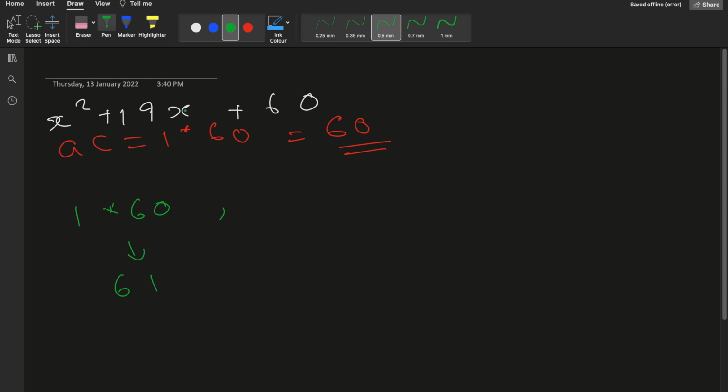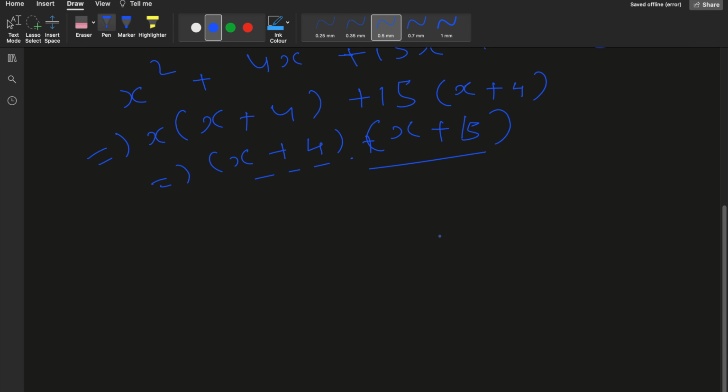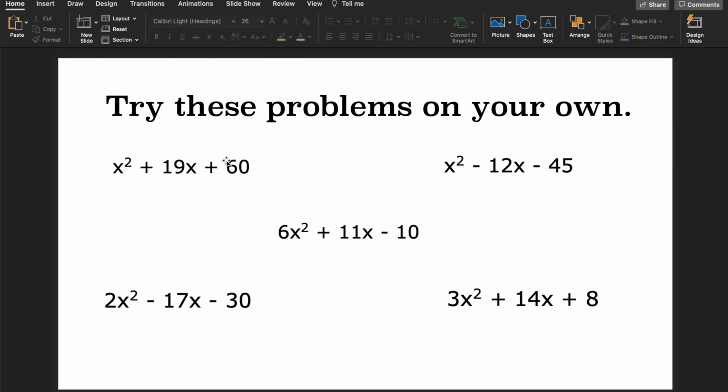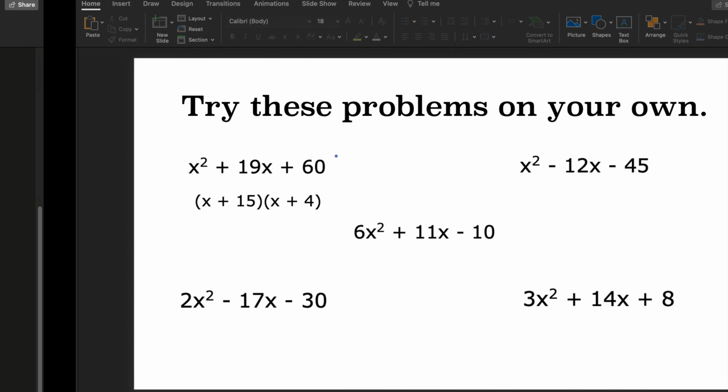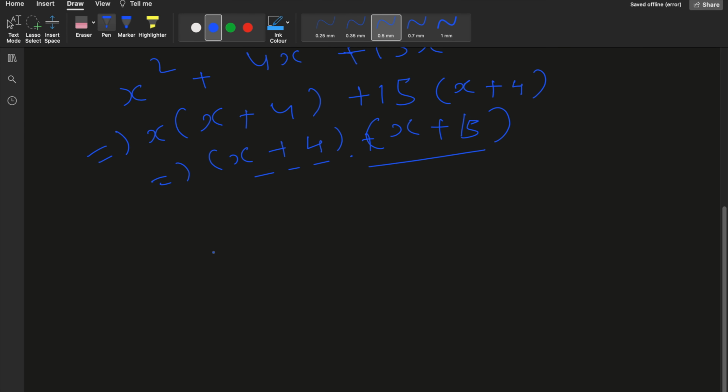So this is our answer. If you wanted to find the roots, we'd equate this to 0. We equate first this to 0, then this to 0. Then we'd get the roots. Okay, so the next example, yeah, that's the answer. And then the next one is x squared minus 12x minus 45.